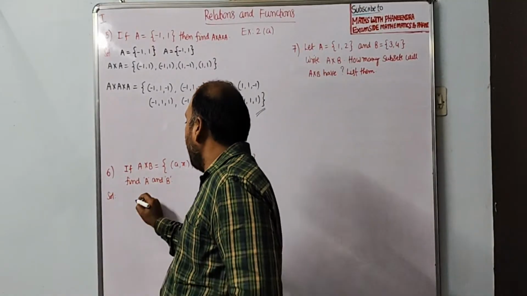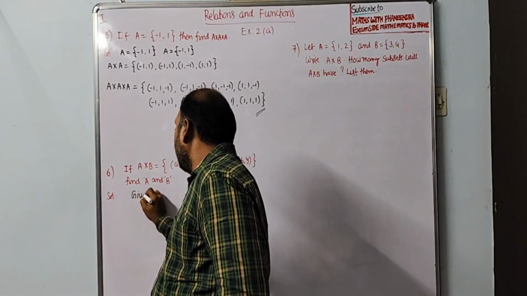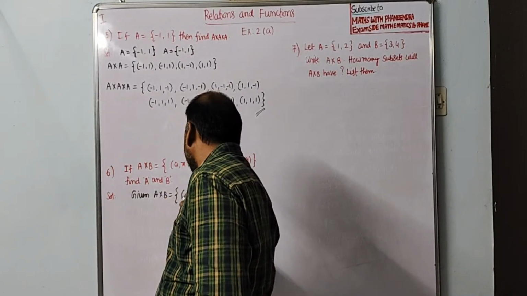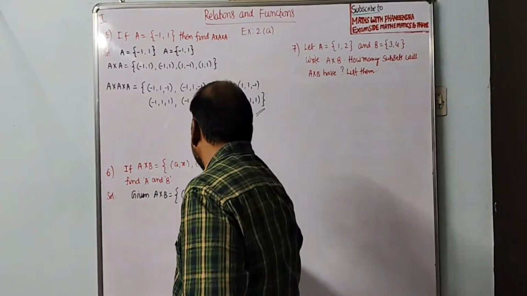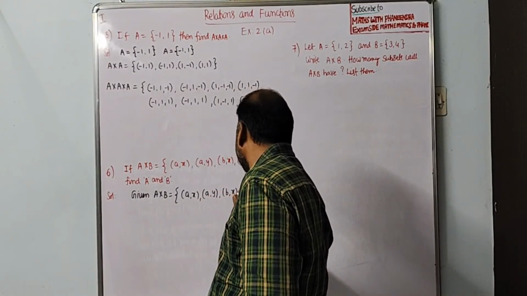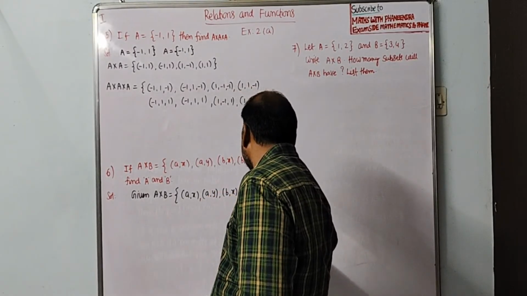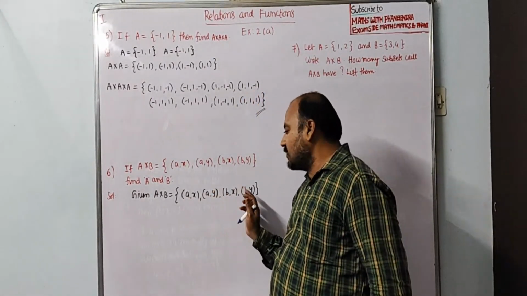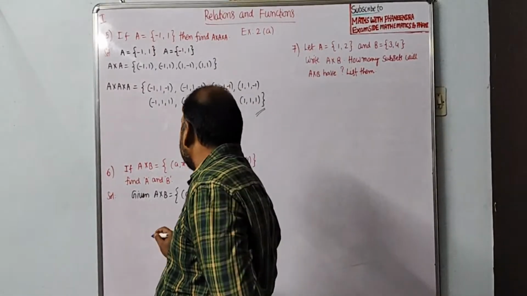So here A cross B is given: A cross B equal to {(a, x), (a, y), (b, x), (b, y)}. In that, the first elements you have to write as one set.